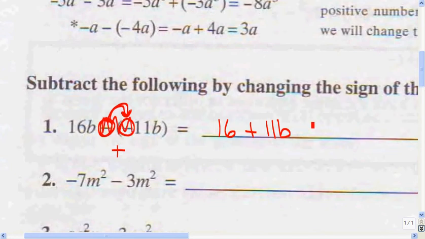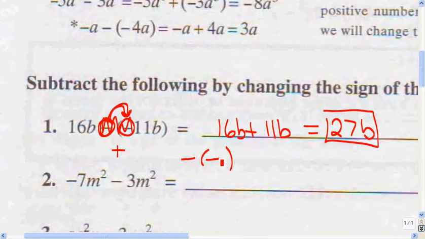So 16b plus 11b is 27b, because 16 plus 11 is 27. Remember that when you have two negatives next to each other and one of them is in the parentheses, it means subtract the negative, and what you get is a positive number. Another way of thinking about it is that when you have anything in front of a parentheses, you multiply what's outside with what's inside.